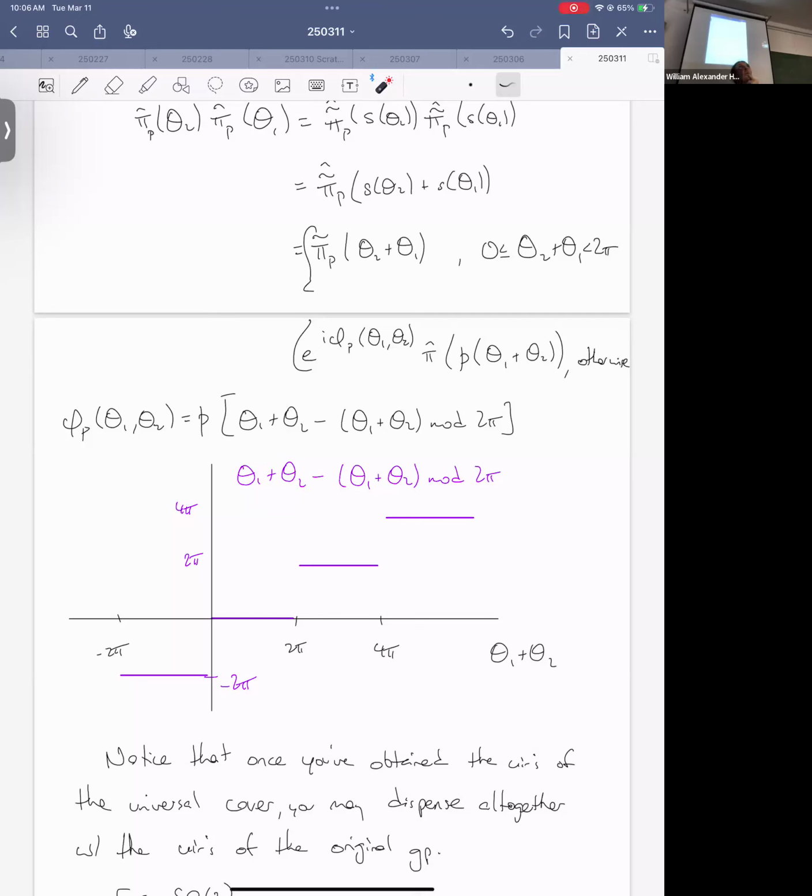I wouldn't say that you're using the theorem of highest weight to find that the UIRs of SO3 are classified by a discrete number.